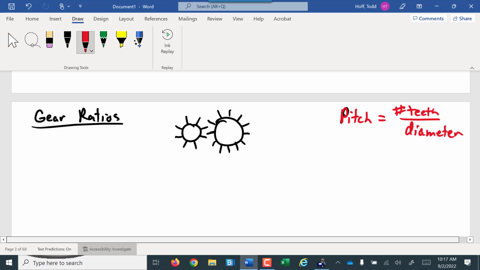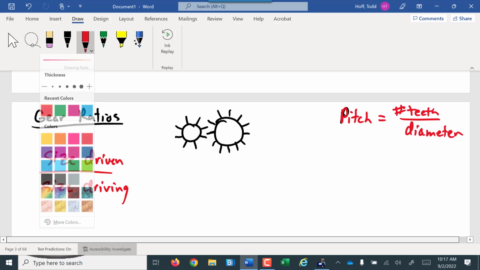For two gears to mesh together, they have to have exactly the same pitch. The teeth have to be exactly the same distance apart. So what that means is we can measure the size of the gear simply by counting the teeth. So the gear ratio is still the size of the driven gear over the size of the driving gear.